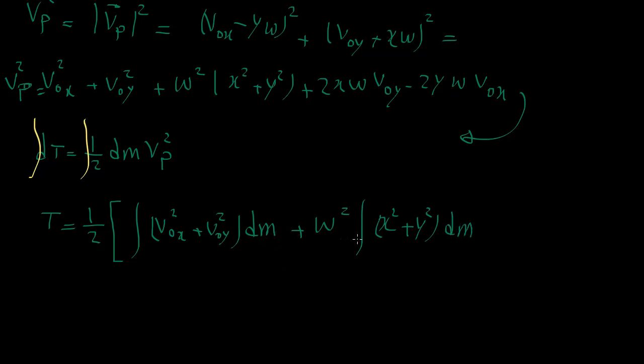Because omega is constant, it doesn't depend on x and y, we can bring it outside of the integral. And here we have plus 2 omega Voy integral of x dm, and the last term is minus 2 omega Vox integral of y dm.